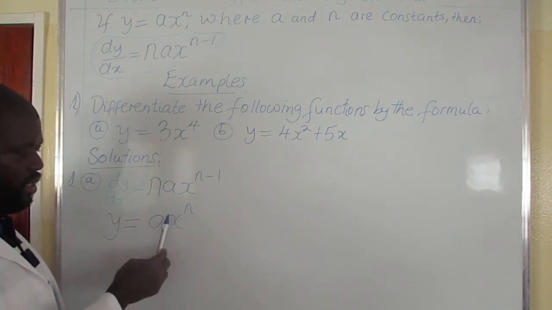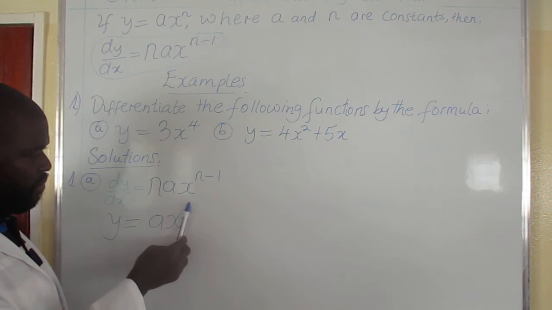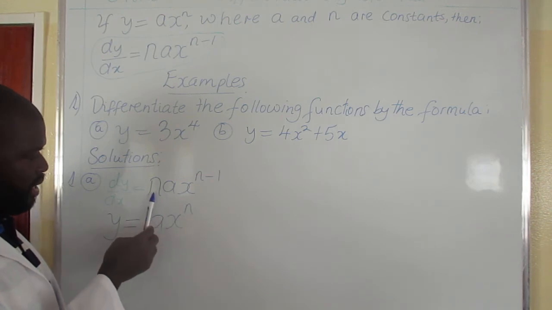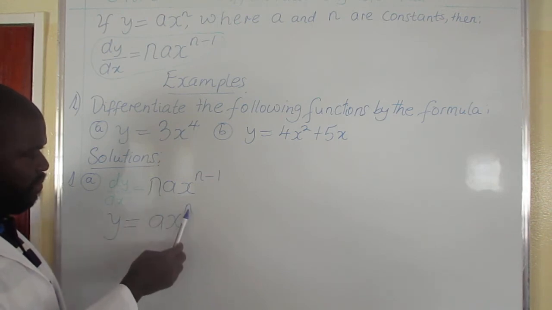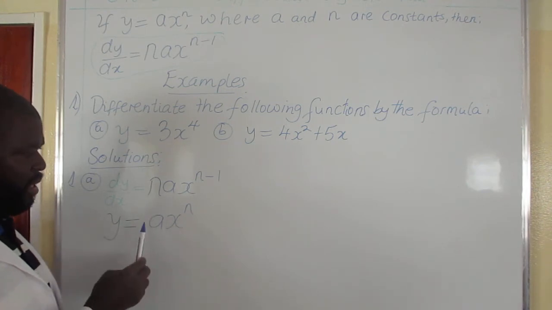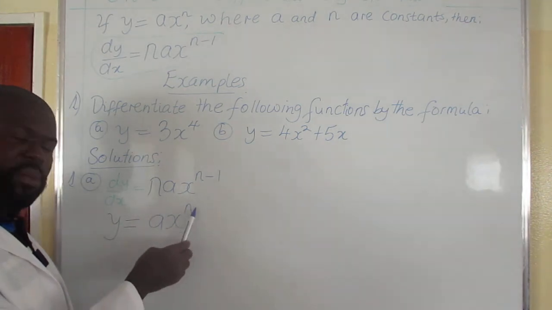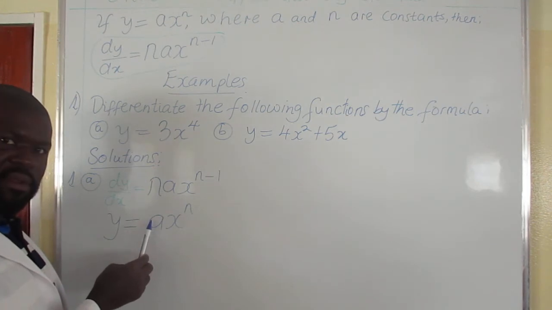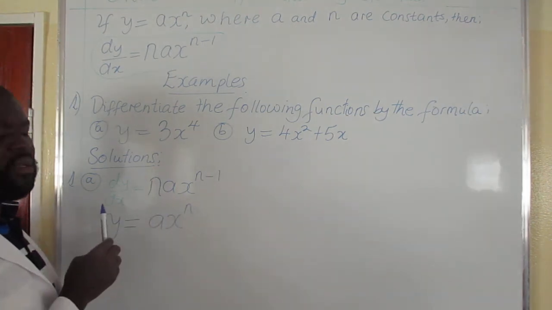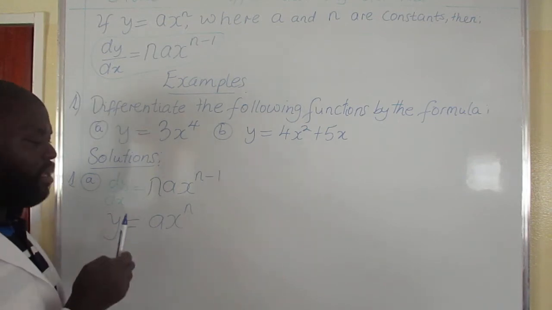So we multiply this power by a, we get na. This is where the n is coming from. Now this power, which we multiplied by the coefficient, reduces by 1. The power always reduces by 1.